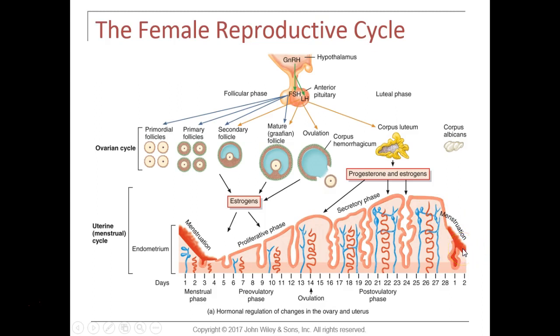Now, in a female that is pregnant, the corpus luteum is still only going to be viable for a certain period of time, but if the female is pregnant, there is a hormone released called human chorionic gonadotropin. That hormone is the hormone tested on the home pregnancy test. And that hormone's role is to maintain the viability of the corpus luteum for about another week or so, beyond what it normally would be viable for, to produce progesterone and estrogens.